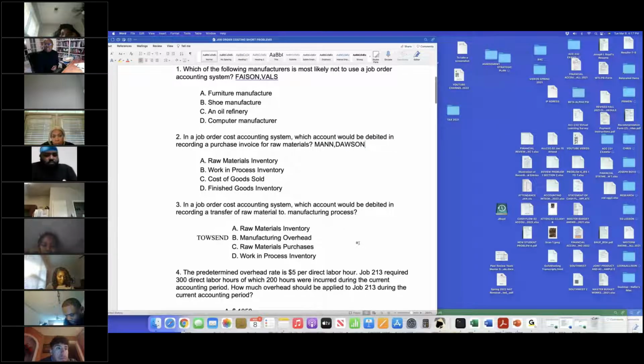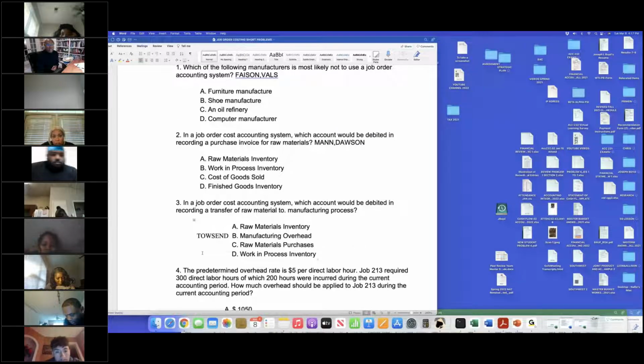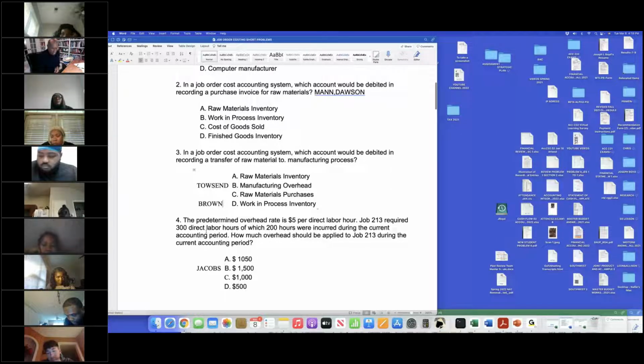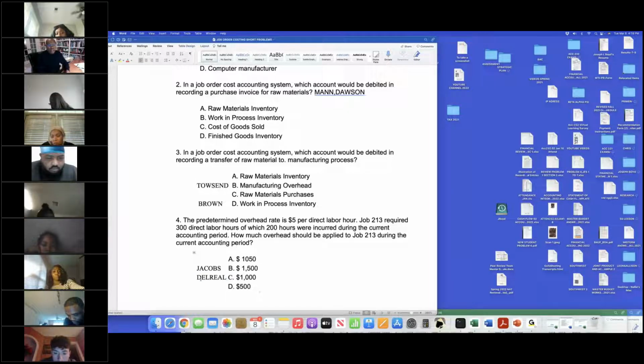On the third one, Brown support. On the fourth one, we'll put Del Rio in support. On this one, we'll put Hicks in support.